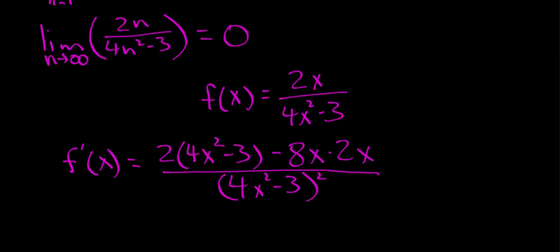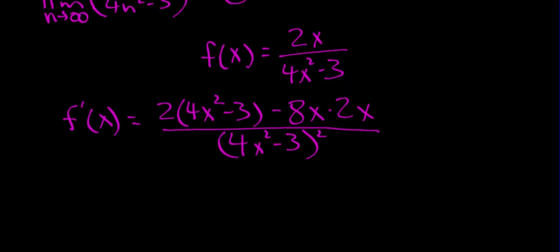Now, remember, when we want to know if a function is increasing or decreasing, we take the derivative of that function. Where the derivative is positive, the function is increasing. Where it's negative, the function is decreasing. So I've taken the derivative here. Now let's see what we've got.